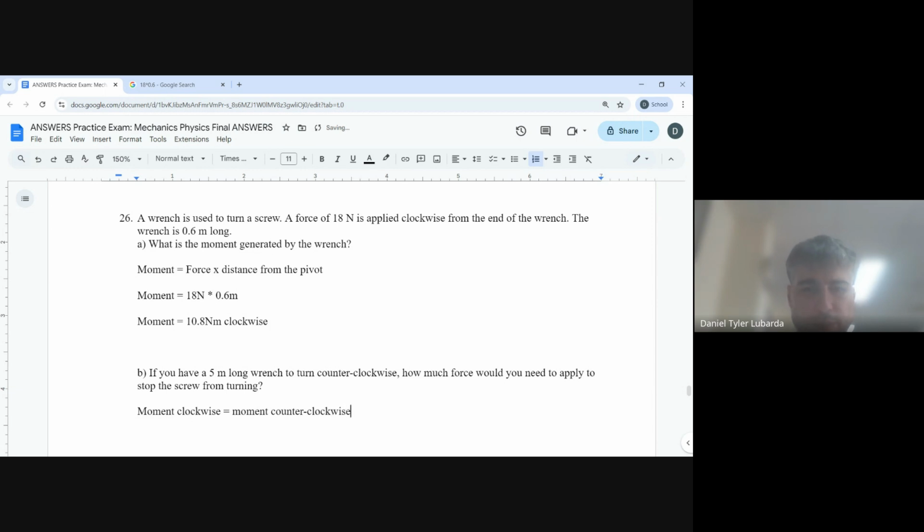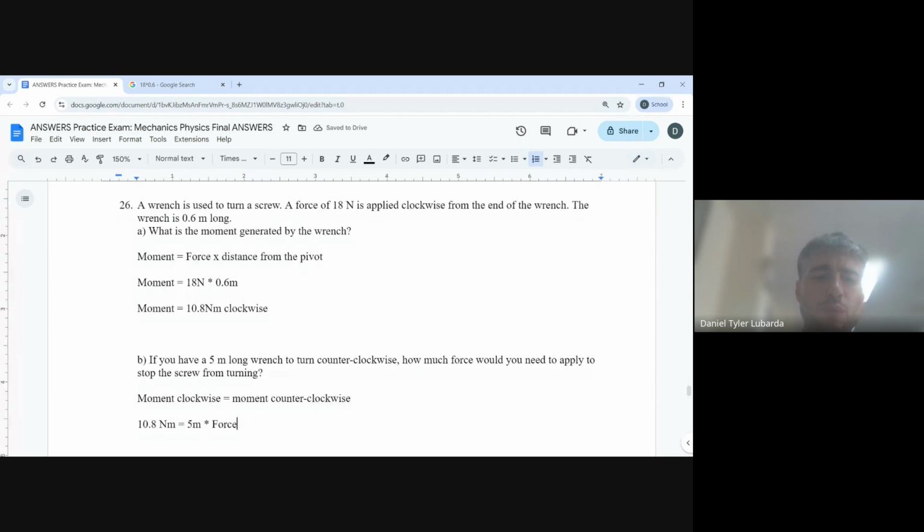All right. And now we know our moment going clockwise. We said it's 10.8 newton meters. But going counterclockwise, we don't know yet. So we know the distance from the pivot is 5 meters, but we don't know the force.